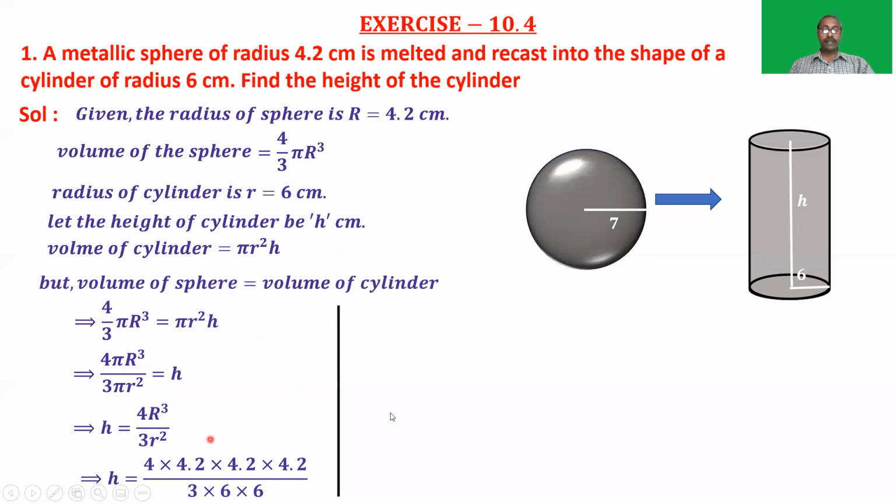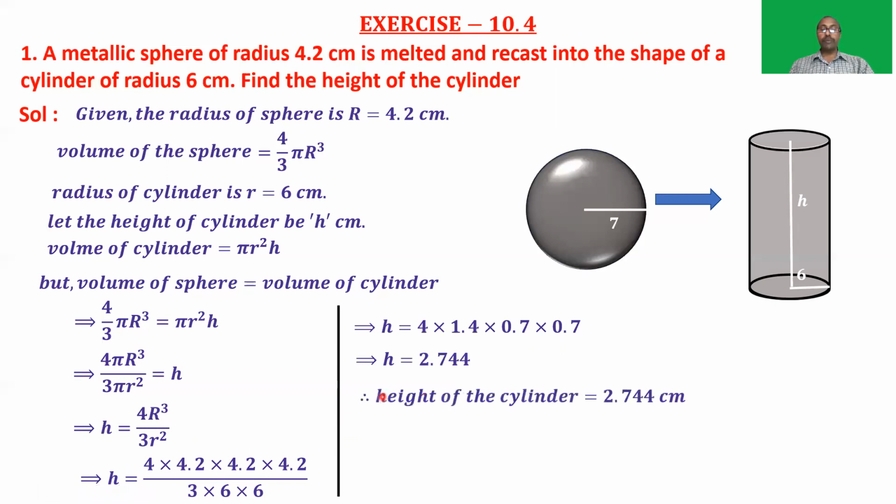By simplification, we get h is equal to 4 into 1.4 into 0.7 into 0.7. That is, I am dividing both 4.2 and 3 by 3, and 4.2 by 6 twice, from the denominator. So h is equal to 2.744. So the height of the cylinder is 2.744 centimeter.